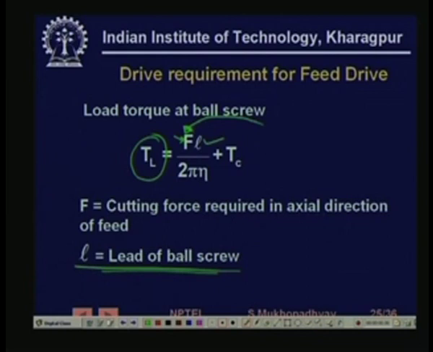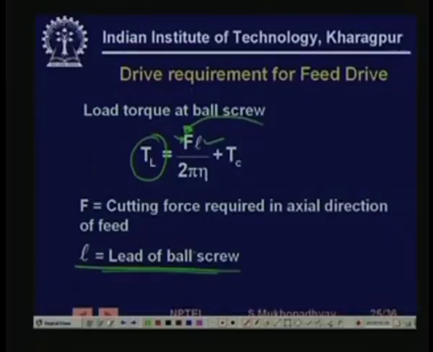So that is the lead of the ball screw, and then how is this achieved? It is achieved by something like energy conservation. So the torque into one rotation of the screw is going to be the force into the pitch, because by one rotation of the screw the linear motion created is one pitch unit.